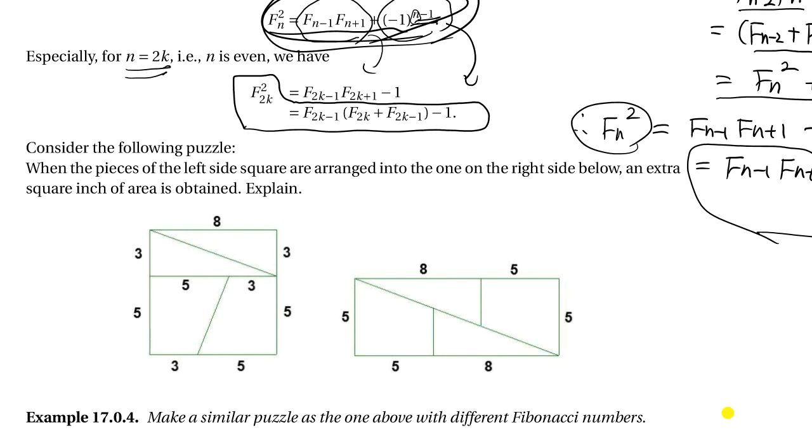So you might have seen this one before. We have a nice square, each side is 8 and 8, right? So an 8 by 8 square. And we just cut this paper like this and rearrange it. So this portion goes here, and that one goes here.